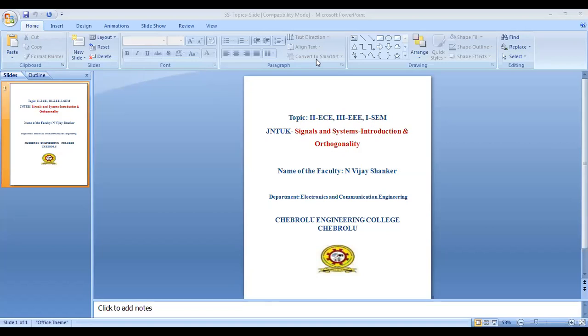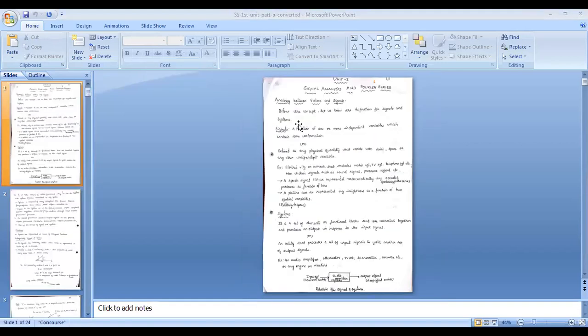Now you can go for the next topic, that is orthogonality. Before that, there are two types of signals we already discussed in the previous class: the continuous time signal and the discrete time signal.